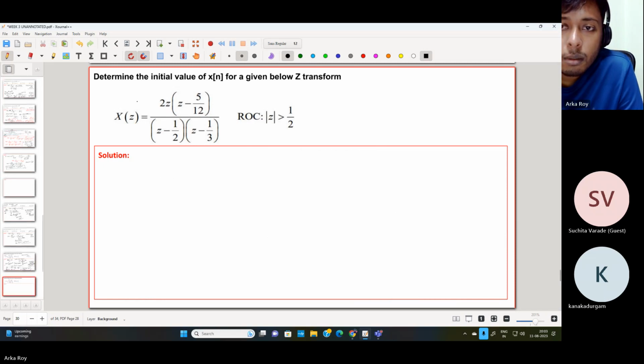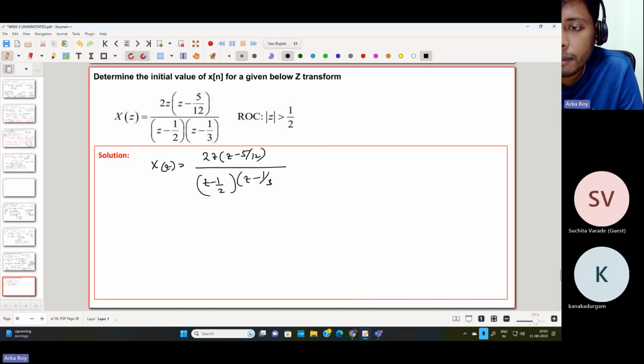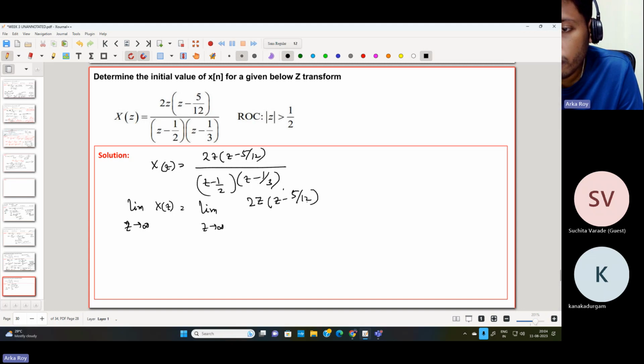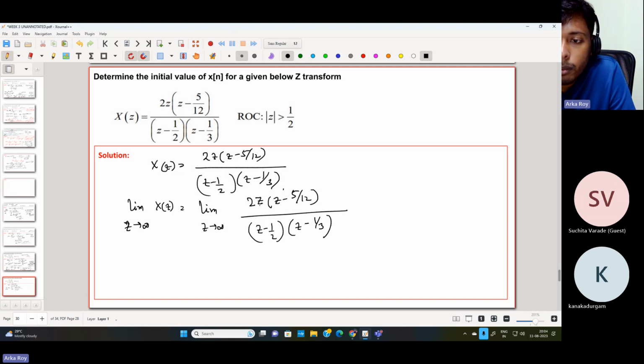So if I take the z transform, this is 2z into z minus 5 by 12, divided by z minus half and z minus 1 by 3. So I need to find the limit z tending to infinity of x z. So the limit z tending to infinity of 2z into z minus 5 by 12 divided by z minus half into z minus 1 upon 3. If I directly put infinity, this will be infinity by infinity, so L'Hospital's rule applies.